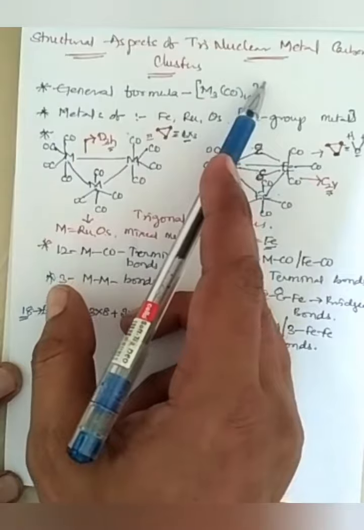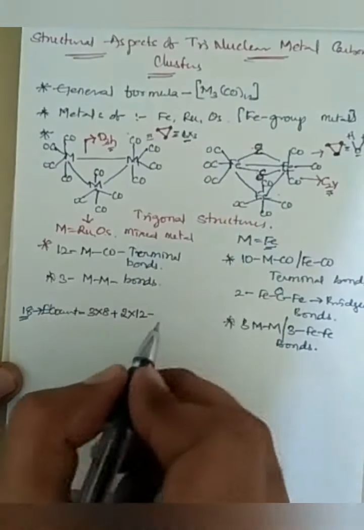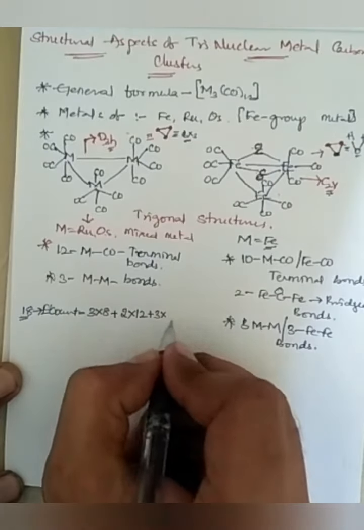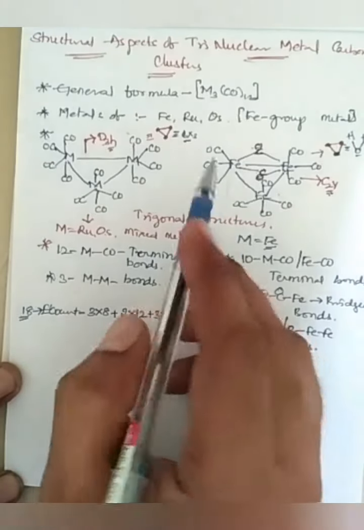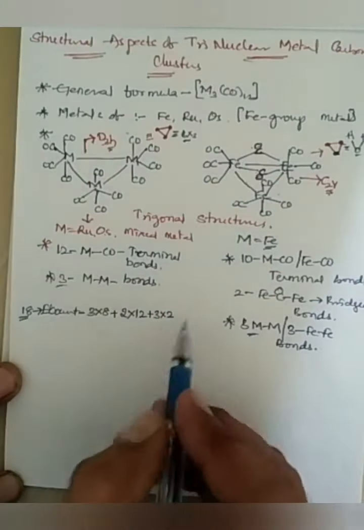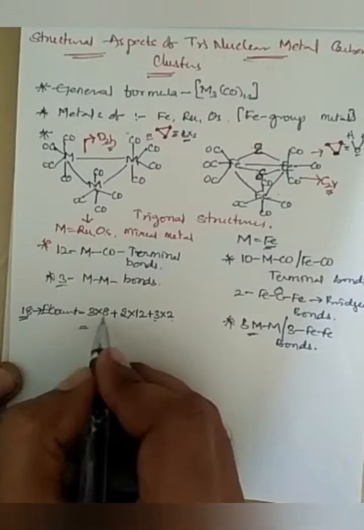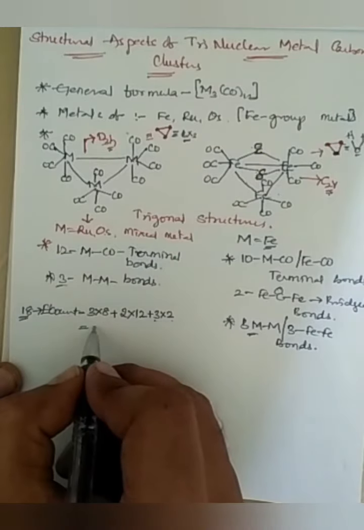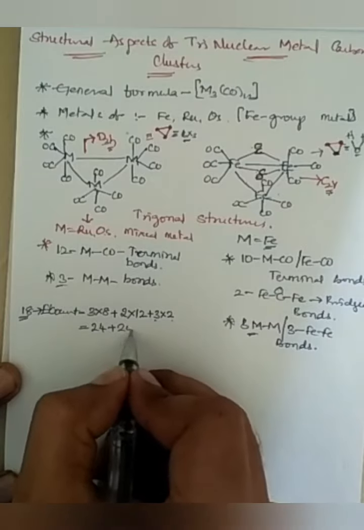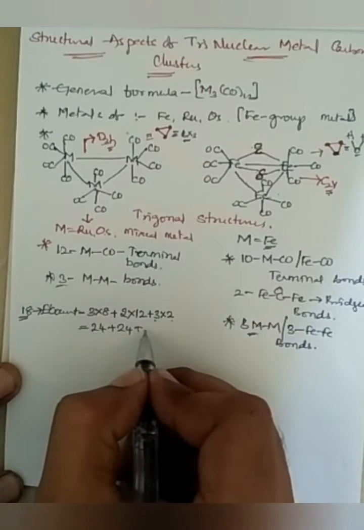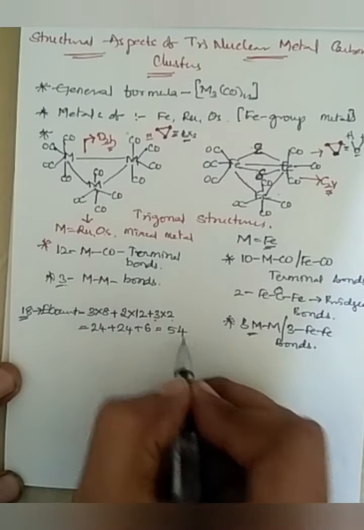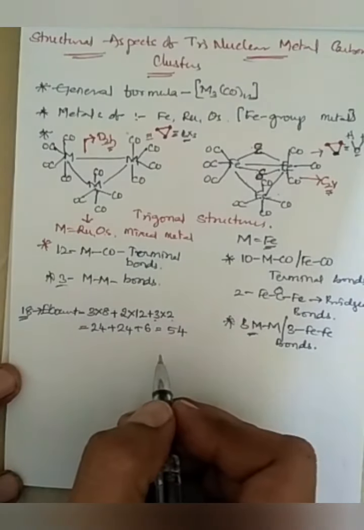There is no oxidation state on the coordination sphere, so that is 0, plus the number of metal bonds into 2, right? The number of metal bonds is 3: 1, 2, 3. There are 3 metal to metal bonds. So 8 into 3 is 24, plus 2 into 12 is 24, plus 3 into 2 is 6. Altogether it is 54.